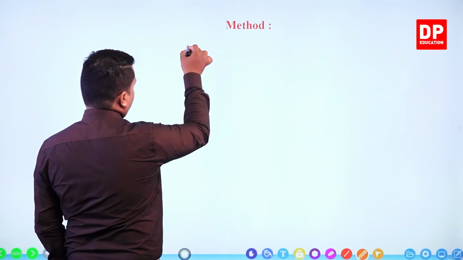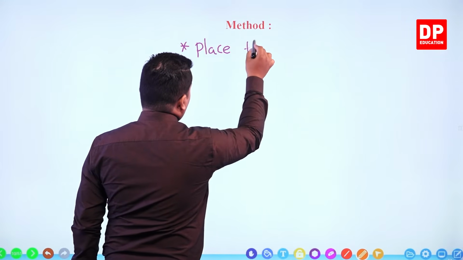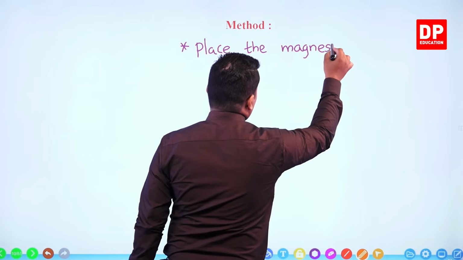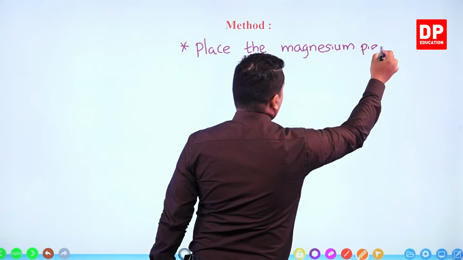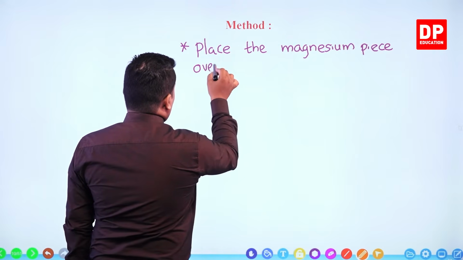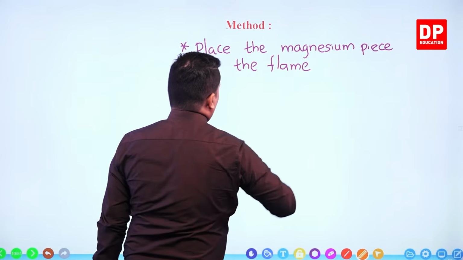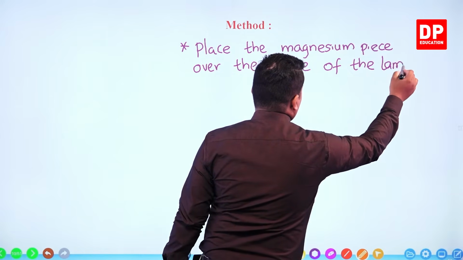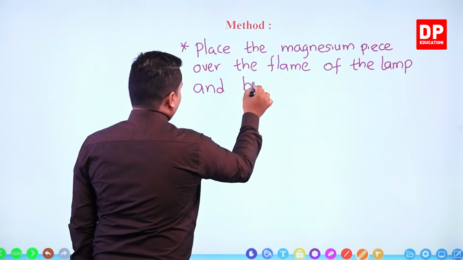So we can write: place the magnesium piece over the flame of the lamp and burn it.